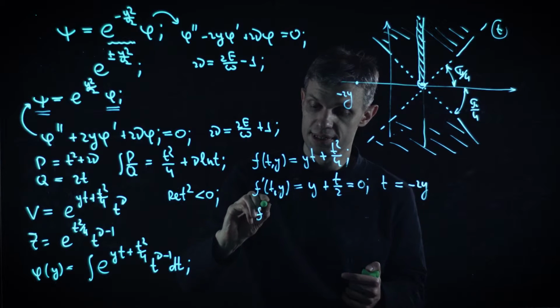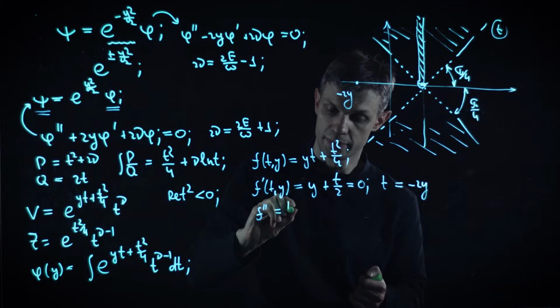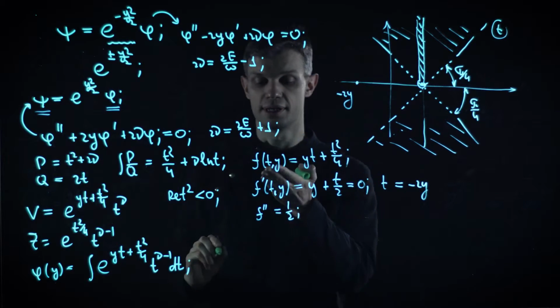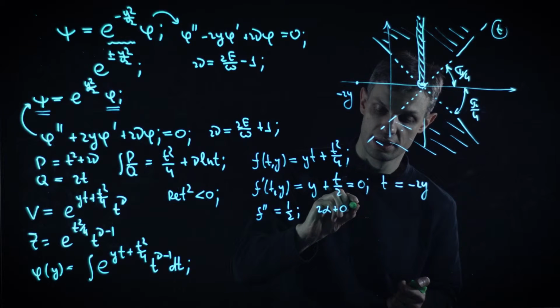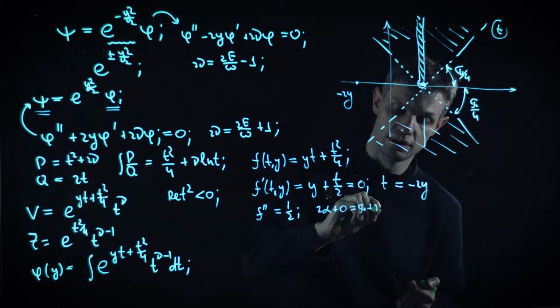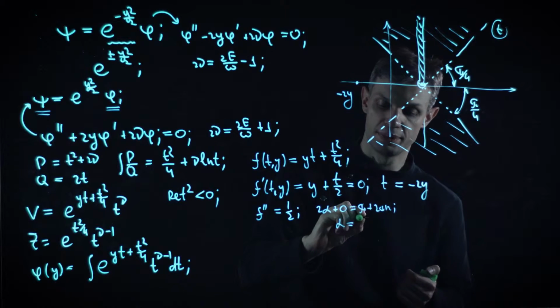The steepest descent direction is defined by the argument of the second derivative, which is 1/2. So the argument is 0, and the steepest descent direction is simply pi by 2 plus pi n.